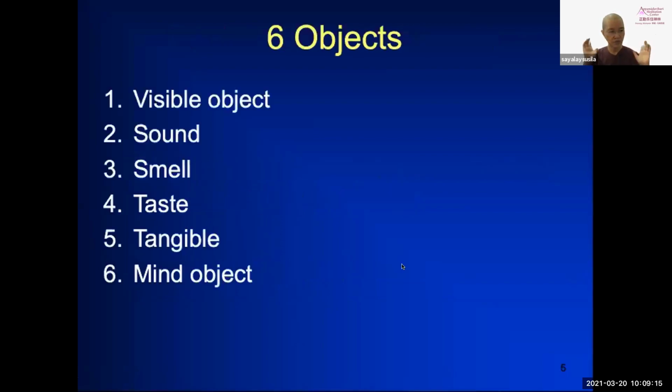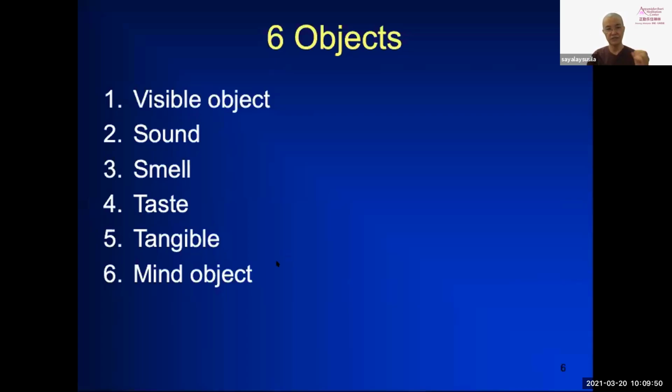Then, in order to understand cognitive process, you must also understand what the objects are, because without an object impinging on the sensitivity, no cognitive process will occur. Which type of cognitive process arises, whether eye, body, or mind, depends on the object.